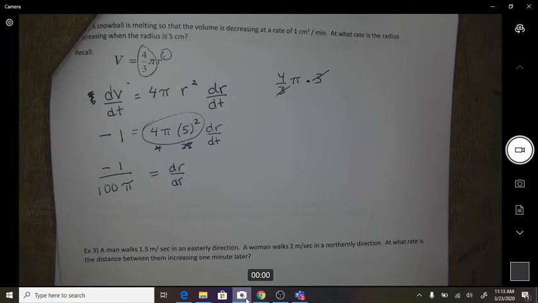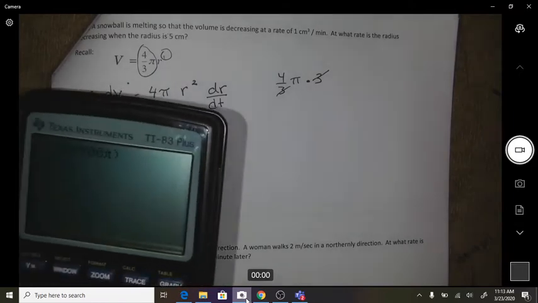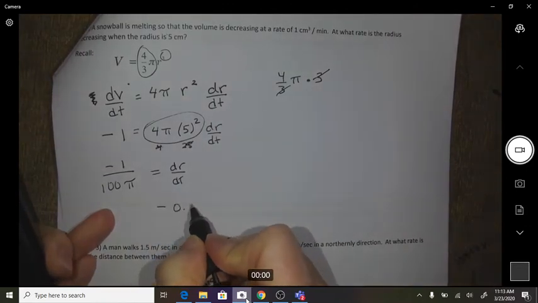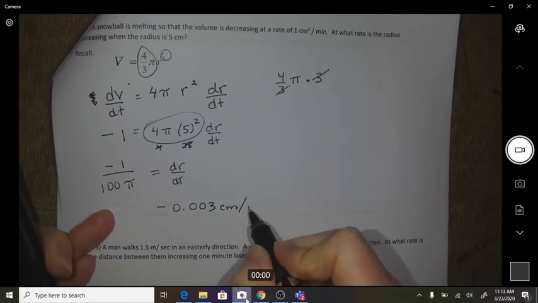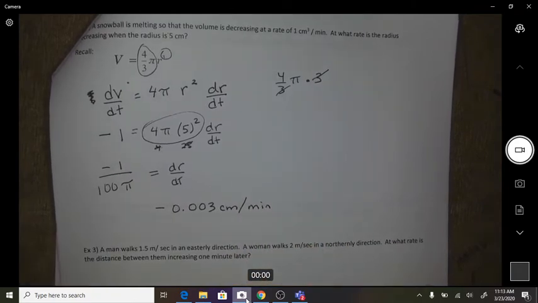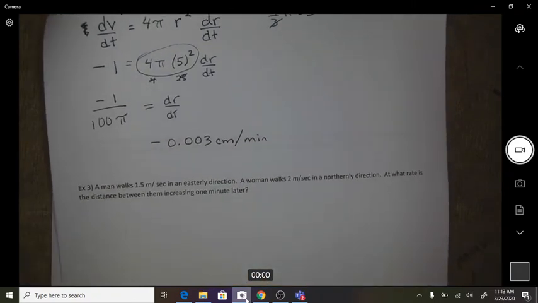So, -1 divided by 100 pi. Just doing that. So, negative, that's the change in your radius. It is decreasing, obviously, at a very small rate.